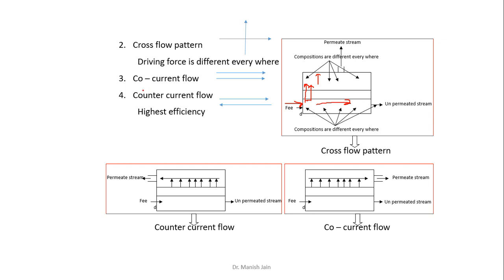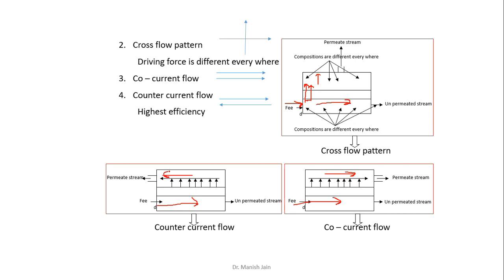Now the third type is the co-current flow pattern. Co-current means feed and permeate both flow in the same direction. So in this diagram, feed flows in this direction and permeate flows in this direction. Similarly, there is the counter current flow pattern, in which feed flows in this direction and permeate flows in the opposite direction.